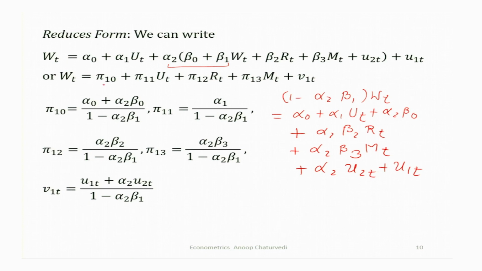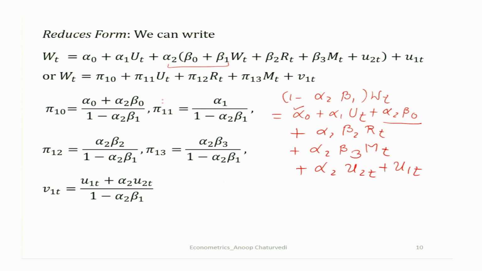So, we get W t equal to pi 1 naught plus pi 1 1 u t plus pi 1 2 r t plus pi 1 3 m t plus v 1 t, where pi 1 naught, the intercept term, is alpha naught plus alpha 2 beta naught divided by 1 minus alpha 2 beta 1.